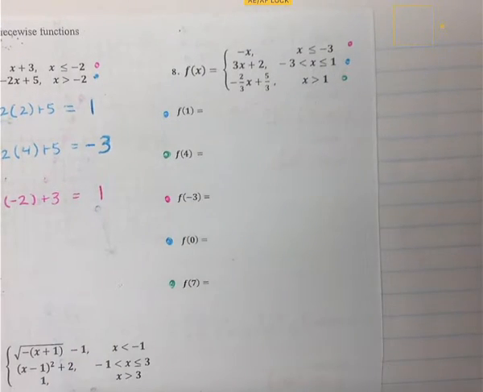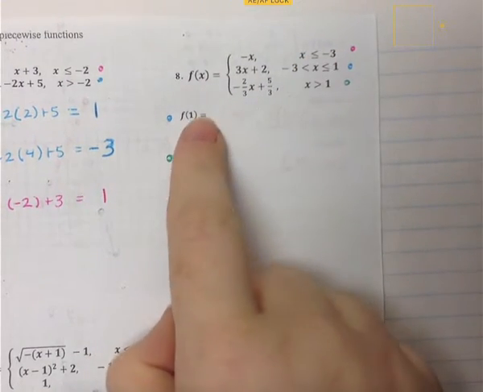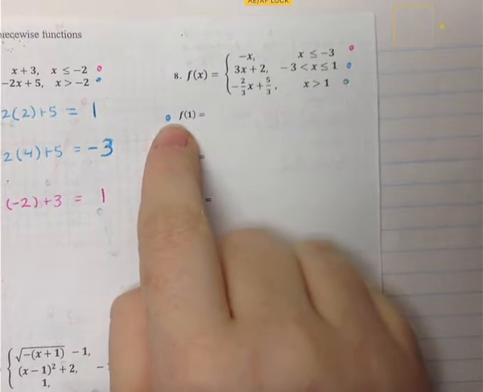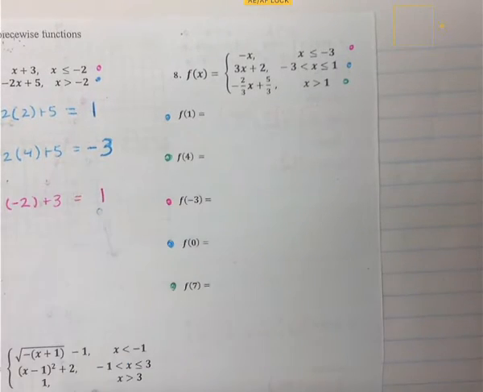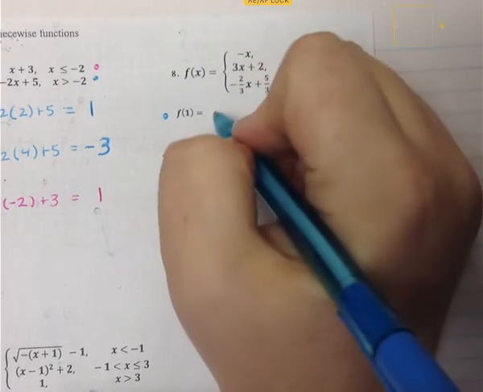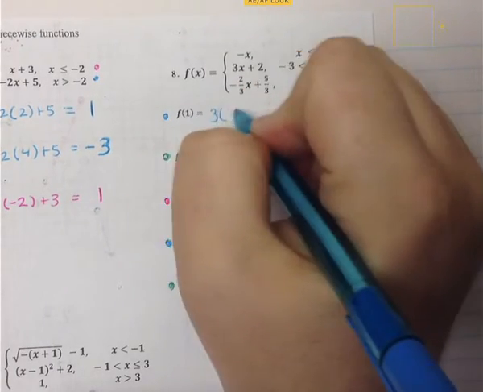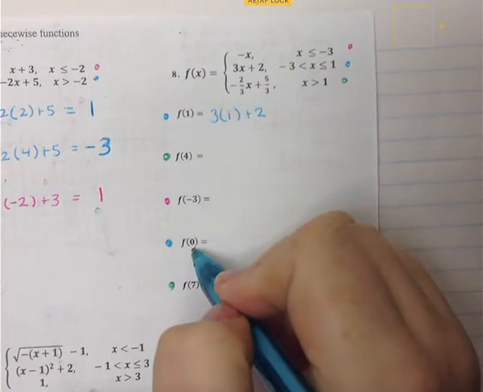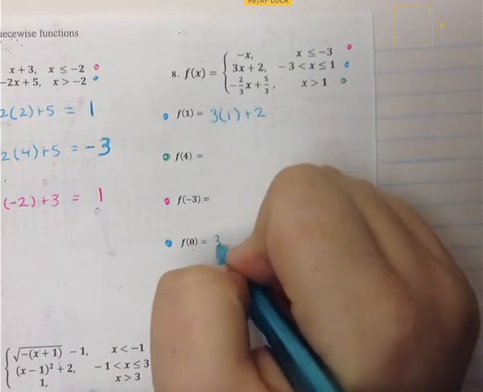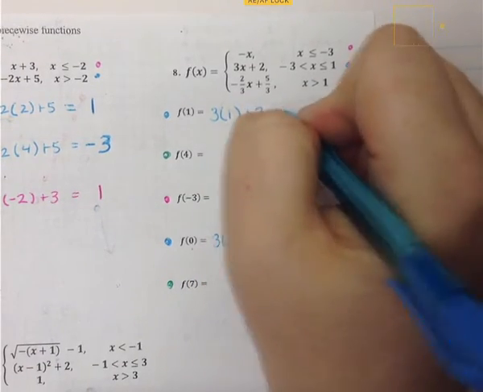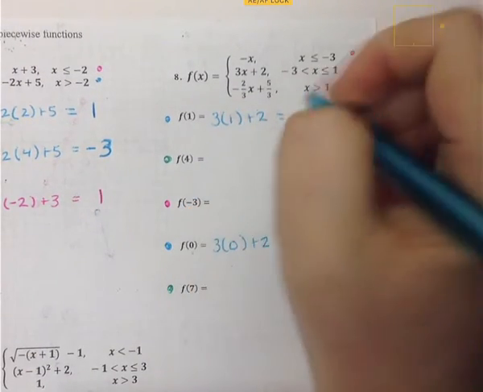So now we can go back and just plug them into the equations that they go along with. I'll do the blues first because it's the first one. The blue was that 3x plus 2. So this will be 3 parentheses 1 plus 2. And then the other blue one is down here. This will be 3 parentheses 0 plus 2. So 3 times 1 plus 2 is 5.